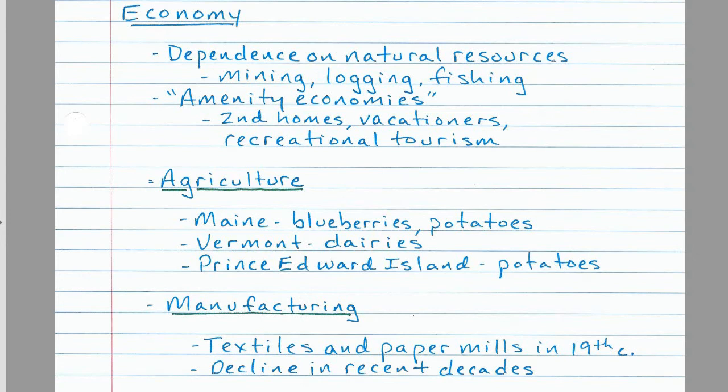So a lot of the reason for that declining population, of course, is that this was an area that historically had great dependence on natural resources. You can think of these as extractive industries, industries where people are extracting natural resources from the land or from the ocean. So mining, logging, and fishing. None of these are terribly profitable or sustainable kinds of activities today.